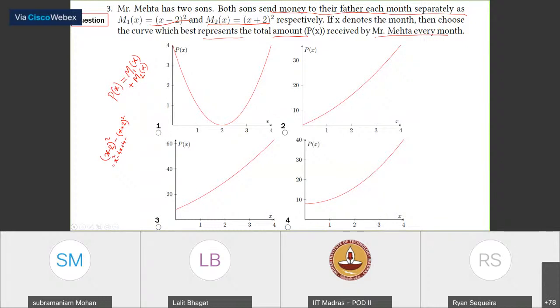But in the qualifier paper, even option 3 looks like it intercepts at around 8 approximately. If that is 10, maybe okay. Yeah, that's true. So there are some other logics, I think.